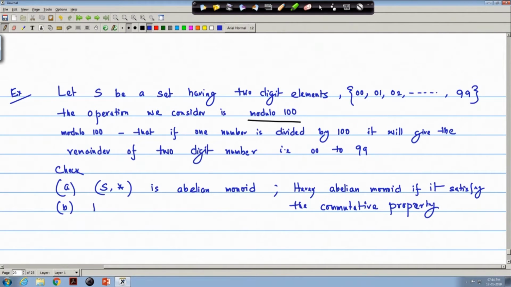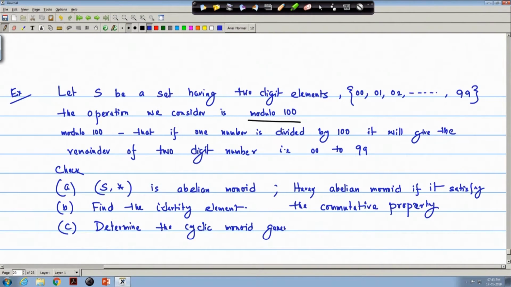Then find the identity element. And we determine the cyclic monoid generated by some number, say 07.